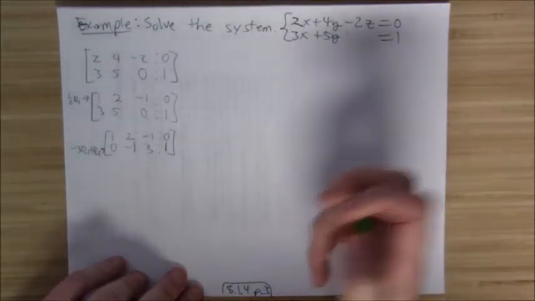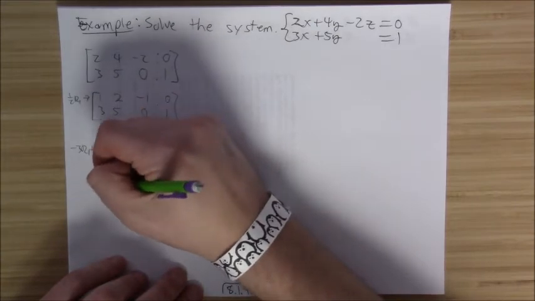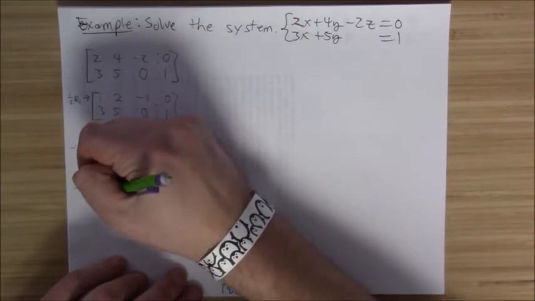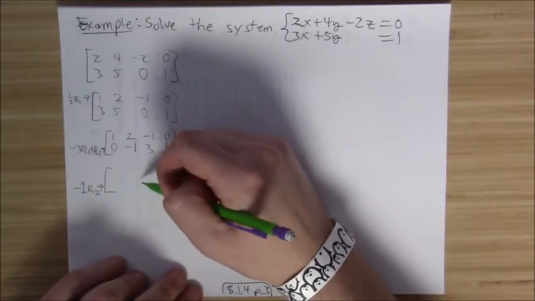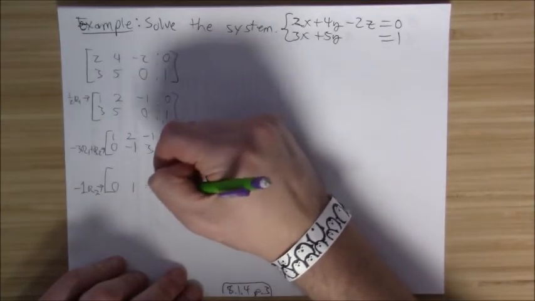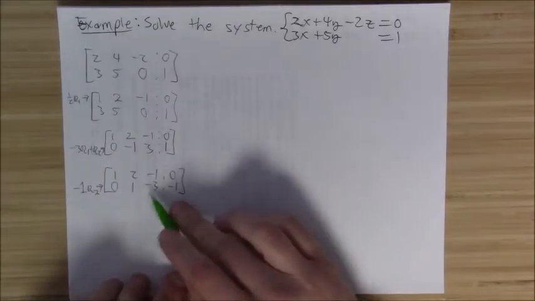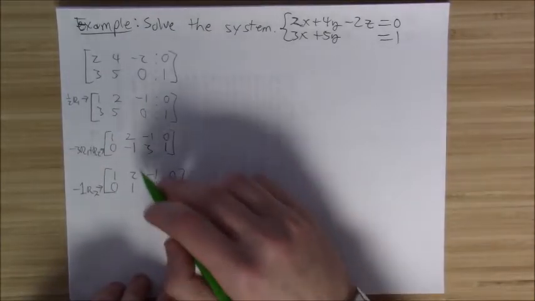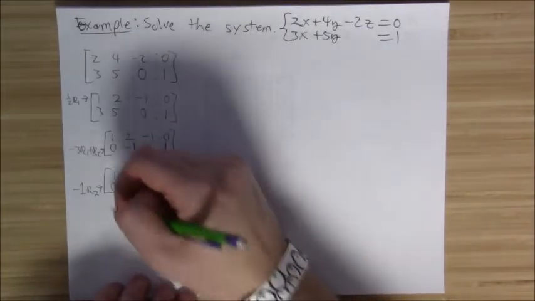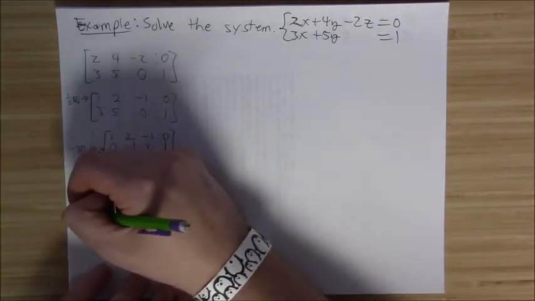All right. And now, because I almost have a 1 here, I'll go ahead and multiply the bottom row by -1, which will give me 0, 1, -3, -1. The top, of course, stays the same. And now, to get this into reduced row echelon form, I just need to make this a 0. I'm going to multiply the bottom by -2 and add it to the top row.